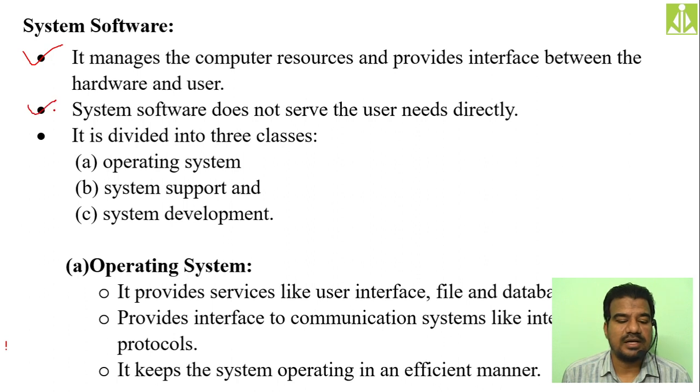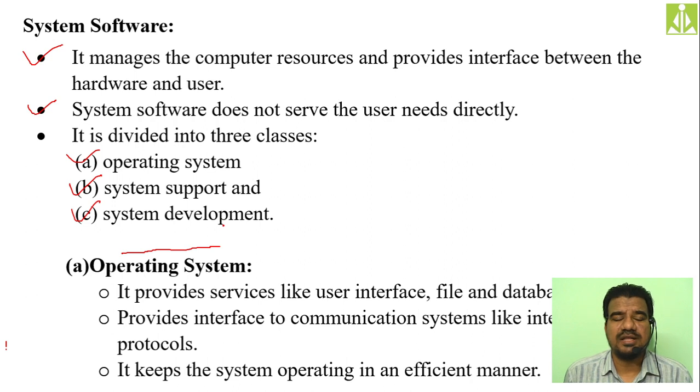It is divided into three classes: operating system, system support, and system development. So operating system, we all are aware of this term. This is the basic requirement whenever we are going for a computer, or a mobile phone, or any type of device.